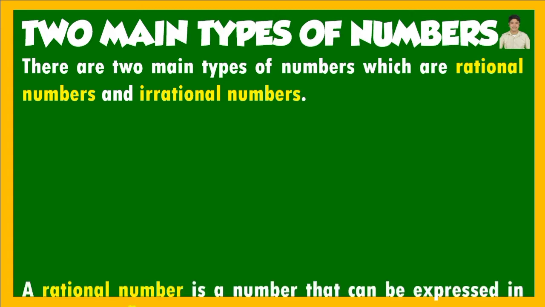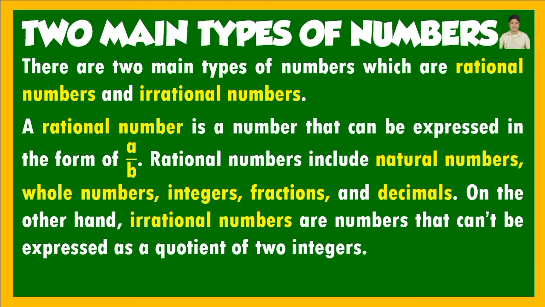Kabaligtaran niya, syempre. So when we say rational number, so a rational number is a number that can be expressed in the form of A over B. So, sa madaling salita, ang rational number, kapag nasusulat natin siya na parang fraction form, pwede nating sabihin na yung given number na yan ay isang rational number.